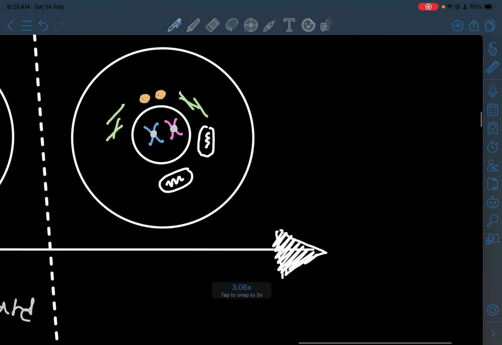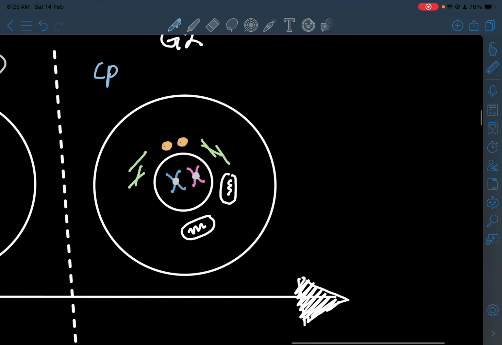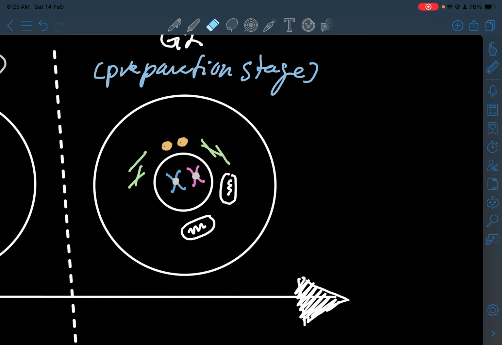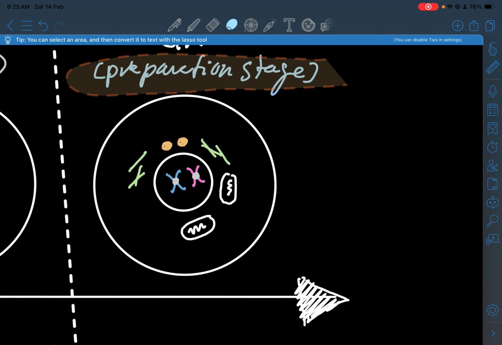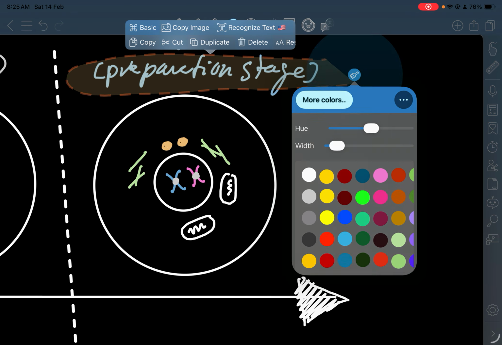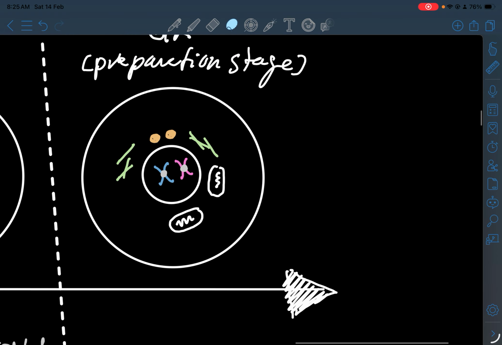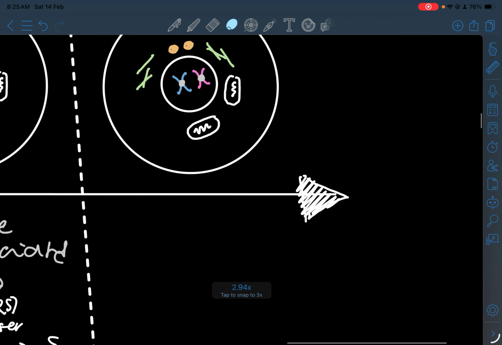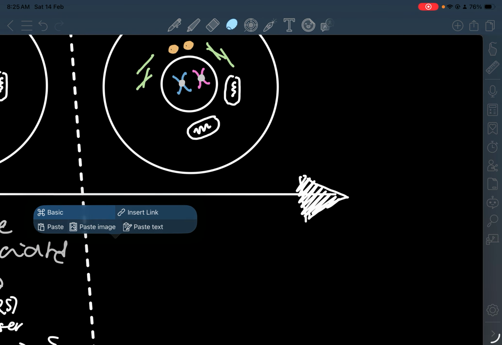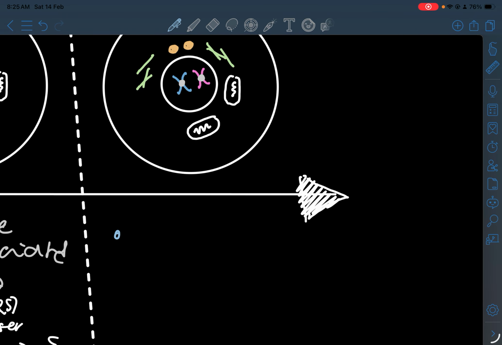Now, the third phase is the G2 phase, known as a preparation stage. Why do we call this a preparation stage? Because during this time, the cell synthesizes proteins that will aid in cell division.